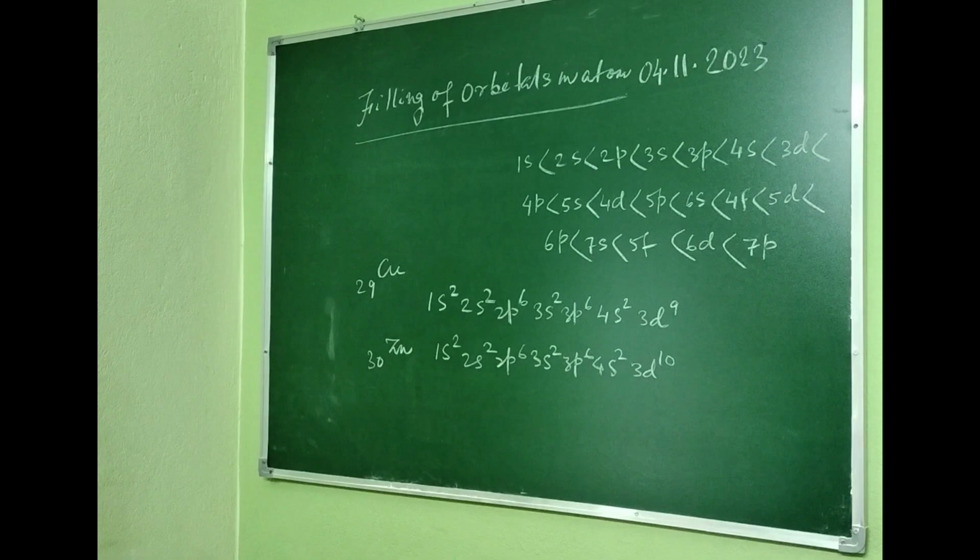So it may be called a transition element because when 2 electrons are removed from copper, it is converted to Cu2 plus ion, and even in Cu2 plus ion, the electronic configuration is argon core 3d9. As there is a partially filled 3d subshell, it is called a transition element. But in case of zinc, even in the zinc 2 plus ion, the 3d subshell is completely filled up. So it cannot be called a transition element.